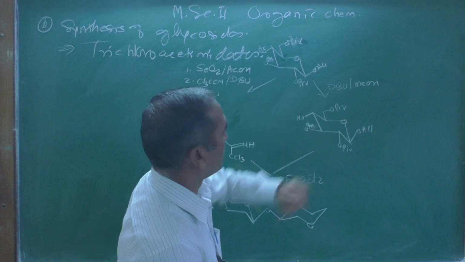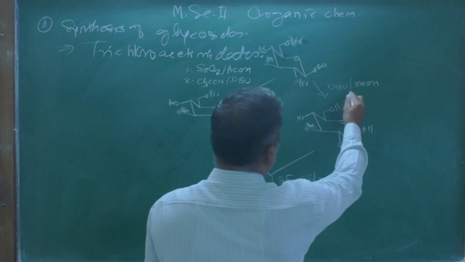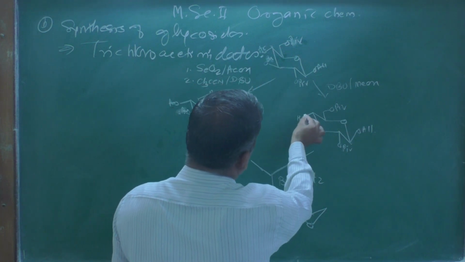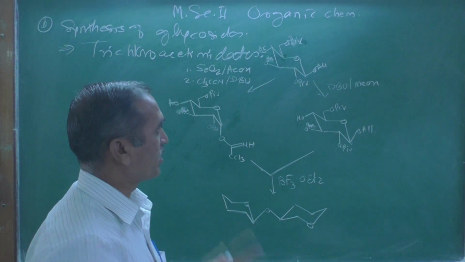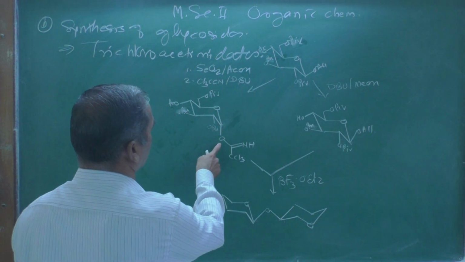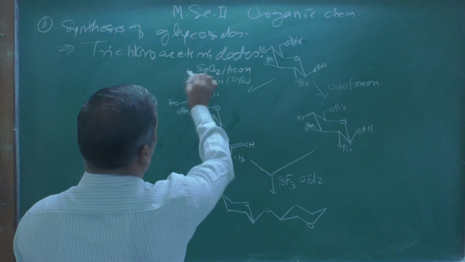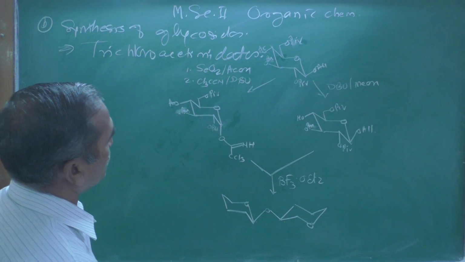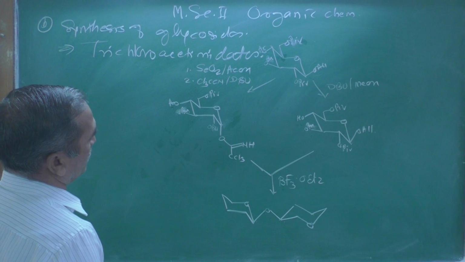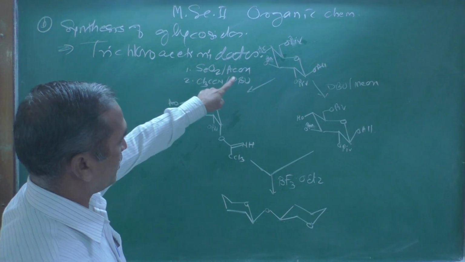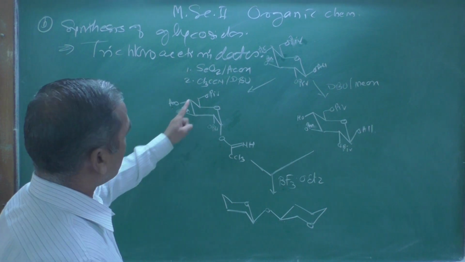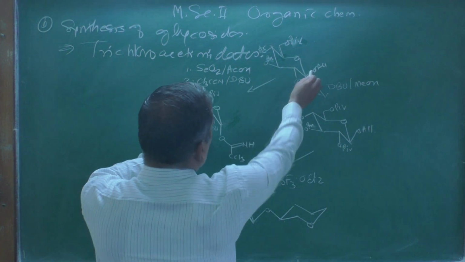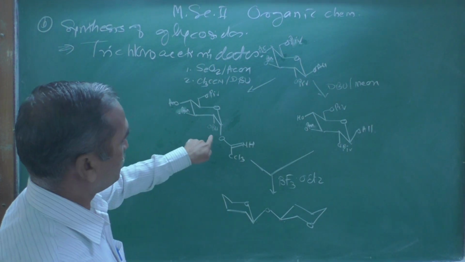But if you use the reagent DBU in the presence of methanol, the acetyl group, by neighboring group participation, is converted into a hydroxyl group, and that becomes the acceptor. With selenium dioxide in the presence of acetic acid, and trichloroacetonitrile in the presence of DBU, the changes occur only at the anomeric position.